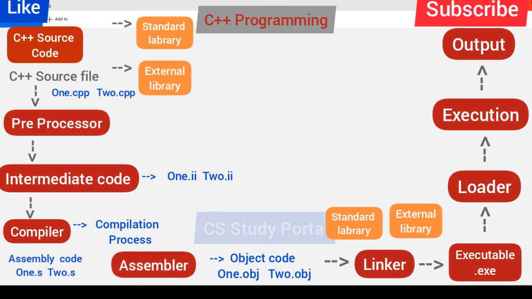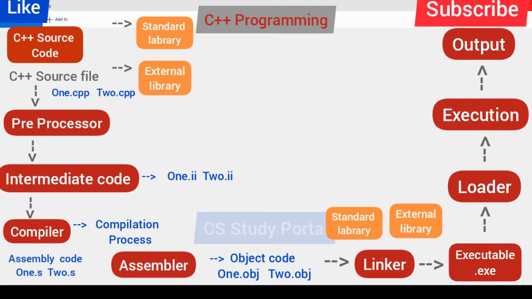I said that we will be using the C++ compiler provided by GCC. All these programs which are required to create an executable file from the C++ source code come in a bundle and are called the toolset. All you have to do is install the toolset, and by writing just one command, you can perform all these steps.